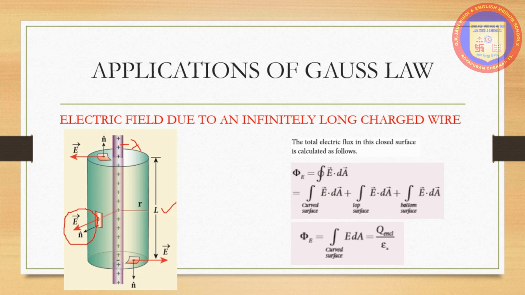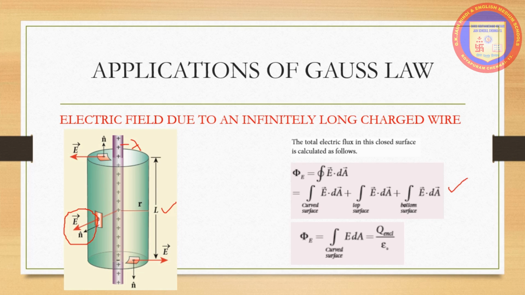Phi E is equal to closed integral of E dot dA vector. When we have the closed integral, we can make it into three parts. One is the curved surface, another one is the top surface, and the third one is the bottom surface. So, we have three integrals over there. For the curved surface, E is parallel to dA and E dot dA is equal to E into dA.